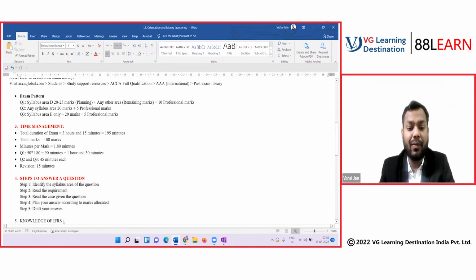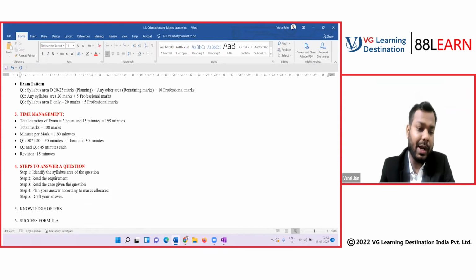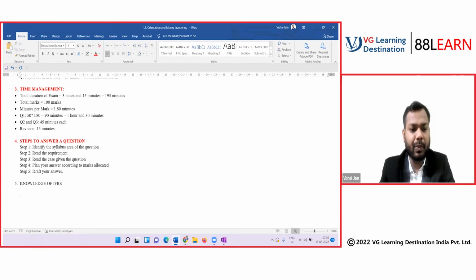Now, knowledge of IFRS. See, you need to understand one thing. At skill level and at professional level, at skill level we have F7, that is financial reporting, and we have F8, that is audit and assurance.